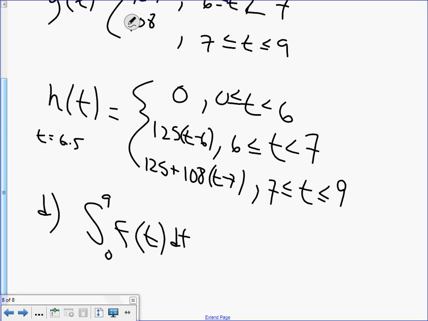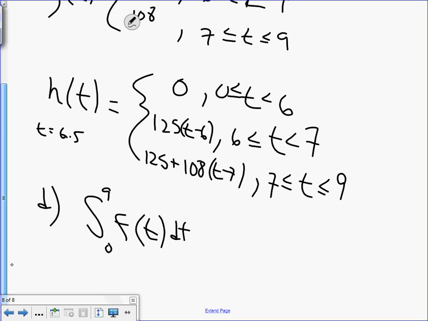No, we did it by 6. Okay, same thing you did in part A. You want to know how many cubic feet of snow are on the driveway at 9 a.m. So we want to figure out the total amount of snow that falls from time 0 to 9. And then we want to subtract the total amount of snow that was shoveled away from time 0 to time 9.